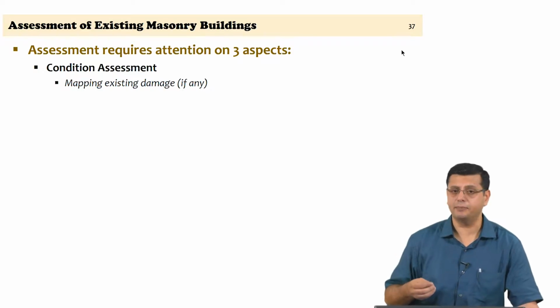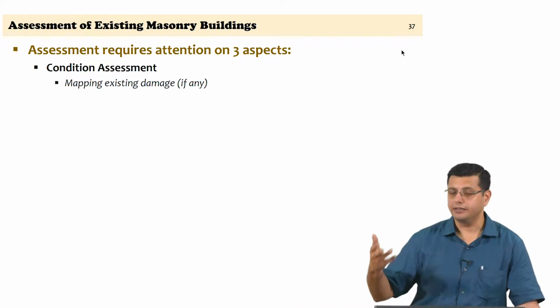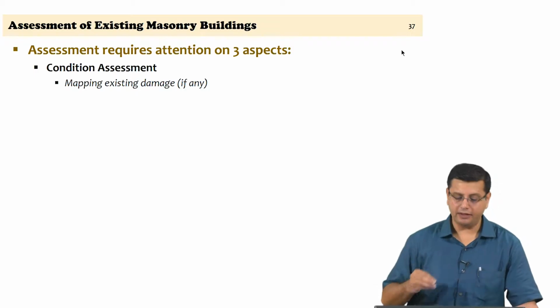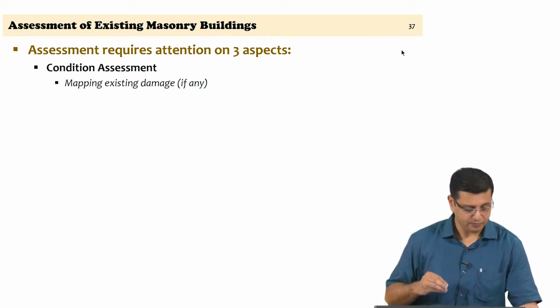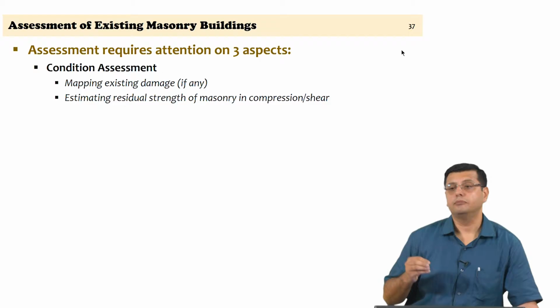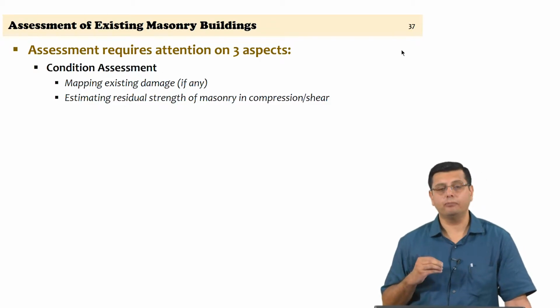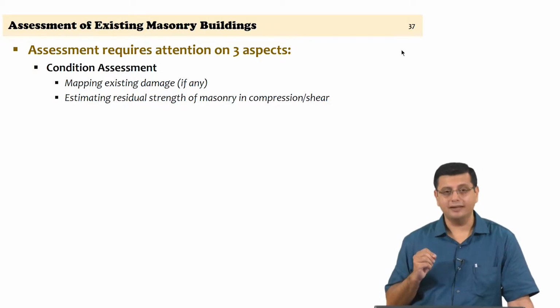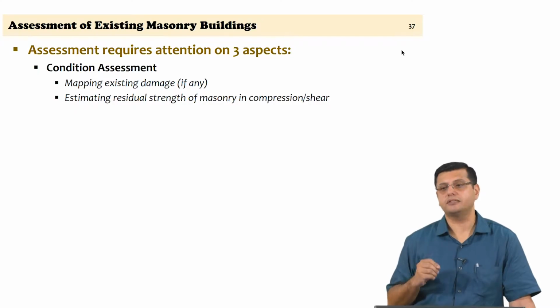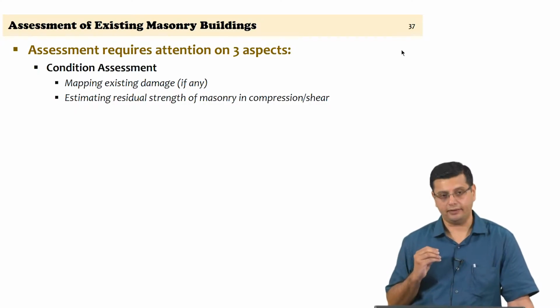If there is existing damage, that must go into any repair and strengthening program that you are going to be proposing for the structure. And more importantly, what becomes important is to understand what is the residual strength of the masonry that you are looking at, right.